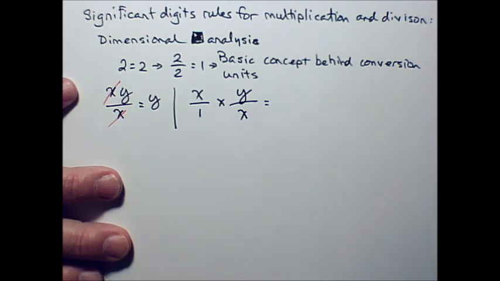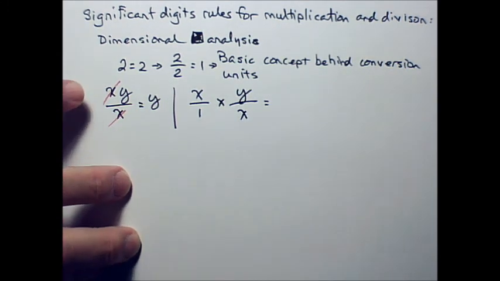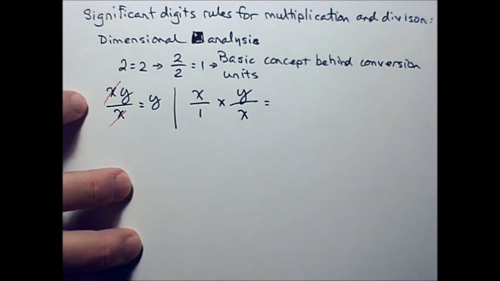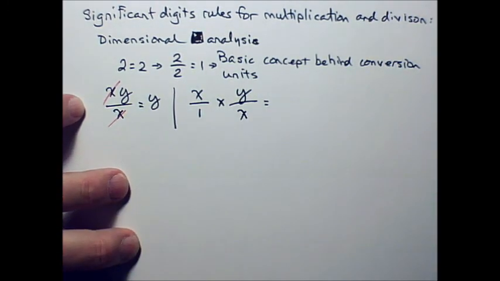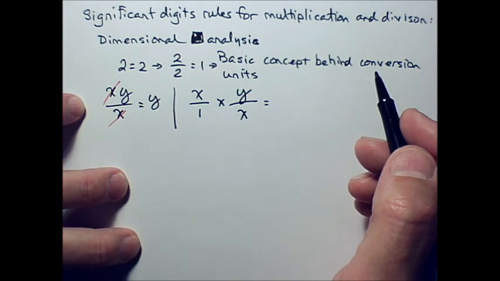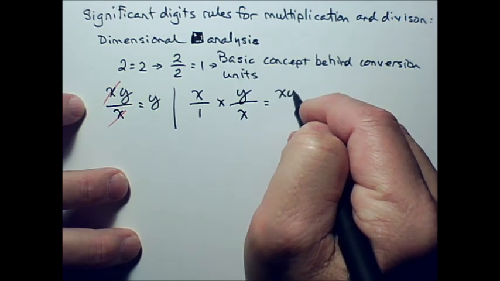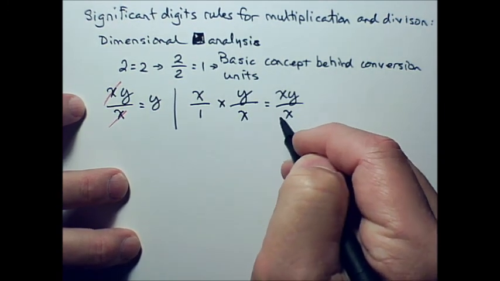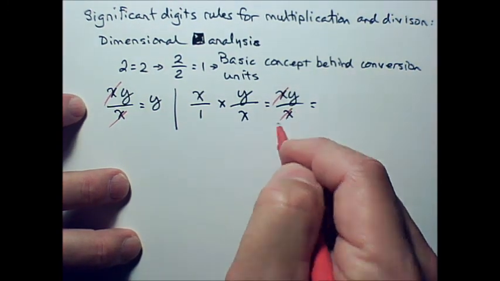Did you say cross multiply? It's all right. It's kind of hard to get past something you got used to doing, isn't it? When you try to train your brain to think that way. Well, just tell me what I should write over here for the answer. Xy over x, which comes out to be the same thing as before, doesn't it? Because the x's cancel.